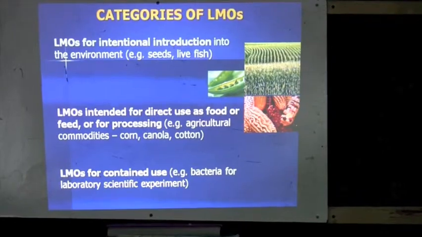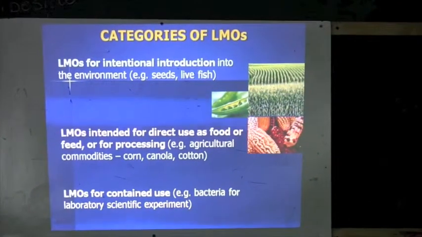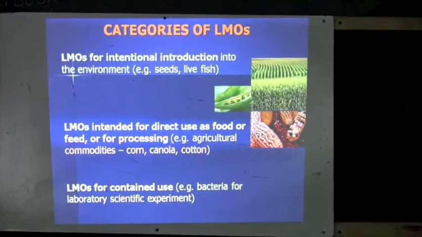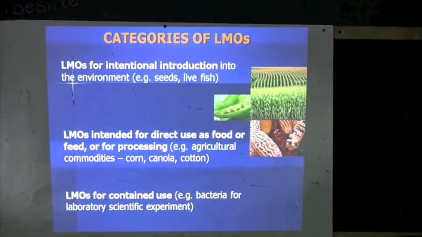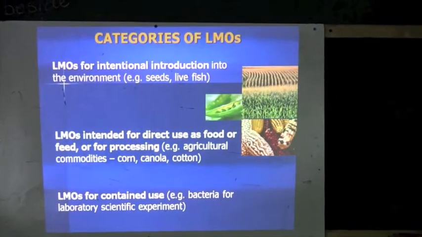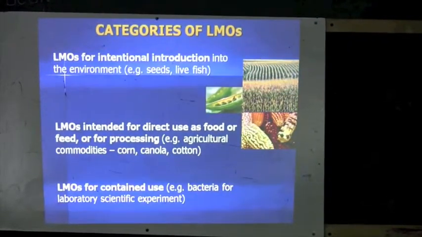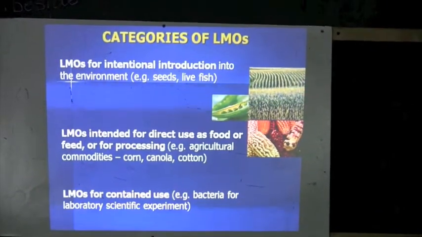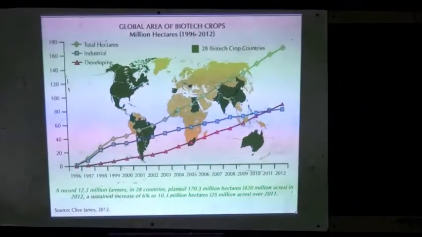You can have living modified organisms intended for direct use as food or feed or for processing, for example, in agricultural commodities such as corn, canola, which is grown in North America, and cotton. And you can have LMOs for contained use in laboratories and so on. These are experimented with and can be used for remedial work in terms of cleaning up oil slicks and other unwanted stuff within the environment.